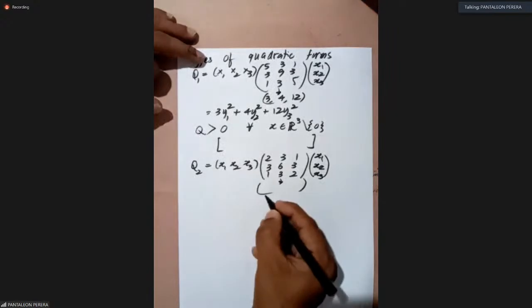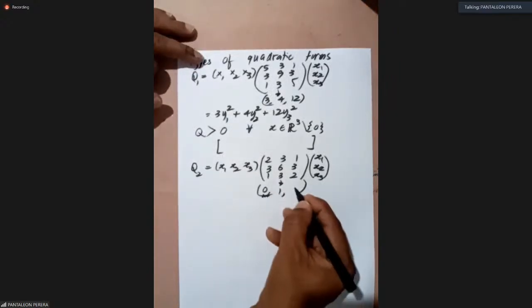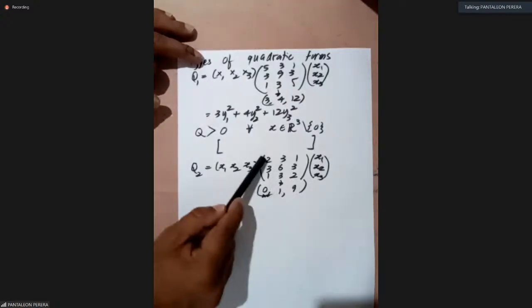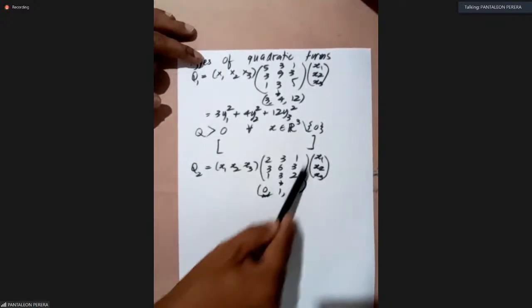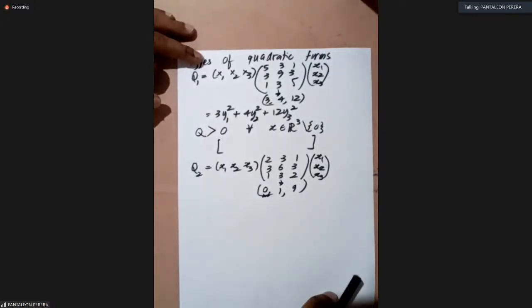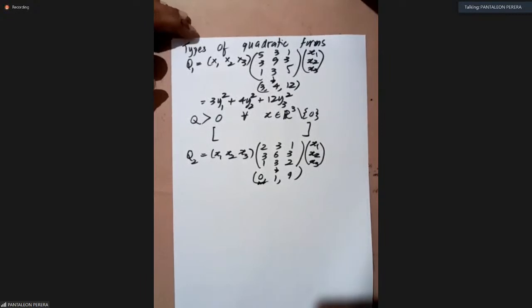But I can write the eigenvalues: 0, 1, 9. Look at the sum. The sum is 10. If you try to find the determinant of this, it will be 0. The determinant is the product of these three. How did I find the eigenvalues directly?